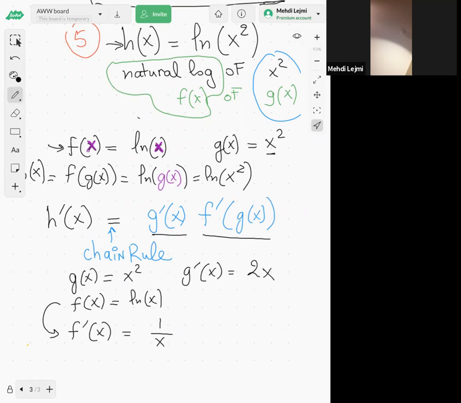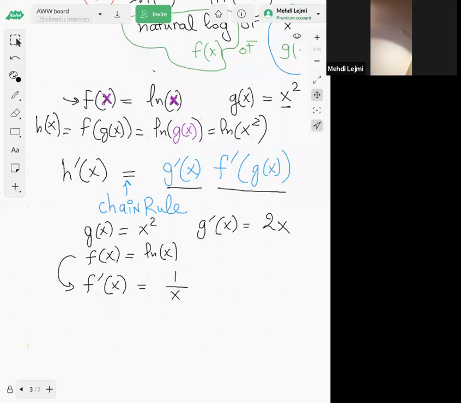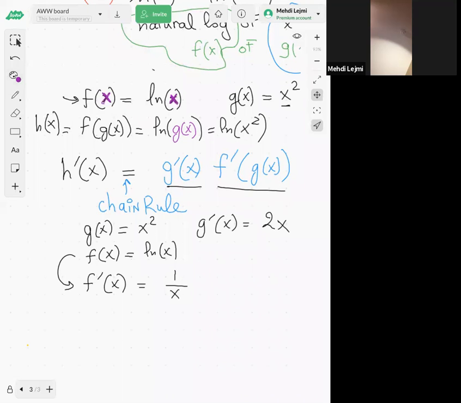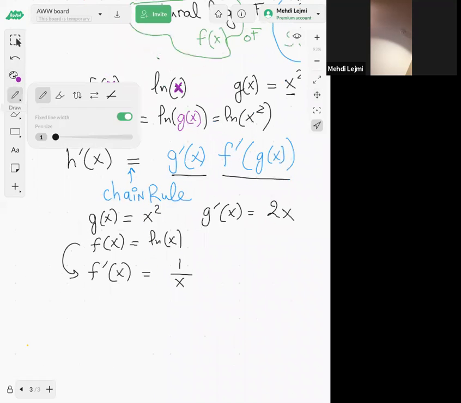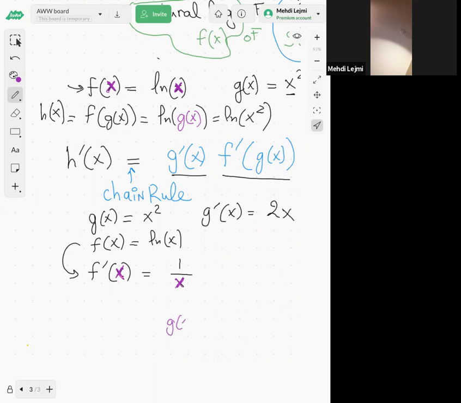Now we have to substitute x by g of x. So we need f prime of g of x, which is 1 over g of x. And g of x is x squared, so it's 1 over x squared.